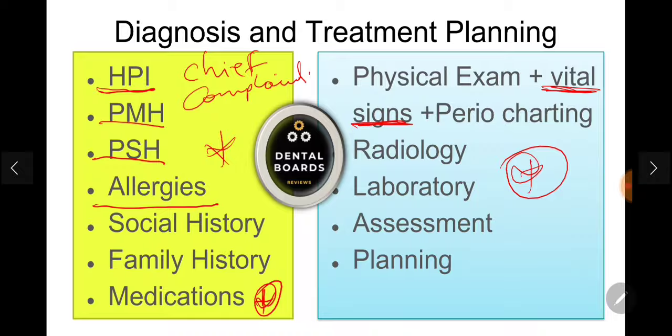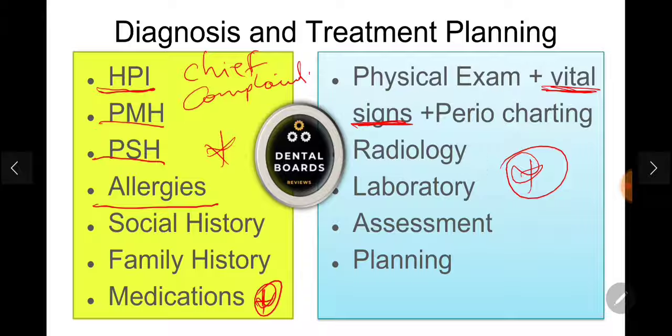If the patient is coming in with a heart rate which is already at 101, and the patient is an adult and not a pediatric patient, pediatric patients usually have a high heart rate, but if the patient has tachycardia to start with even before the treatment, and then you're going to use lidocaine with epinephrine, then you have to be careful on how much you're going to give, right? So vital signs are part of the physical exam. Make sure you do that and make sure you review it, okay?